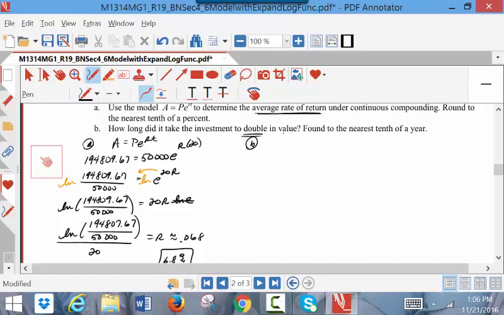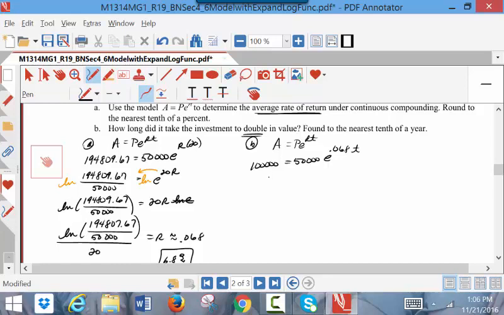Okay, so if we started with 50,000 for it to double, it would grow to 100,000. And our R is now 0.068. So now how many years, rather than quadrupling, how many years would it take it to double?